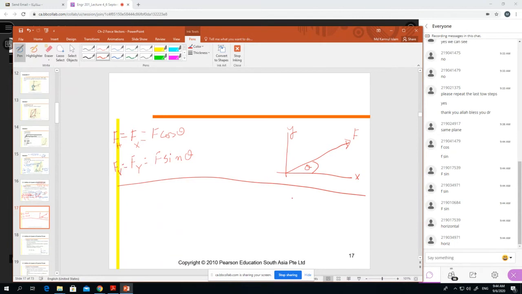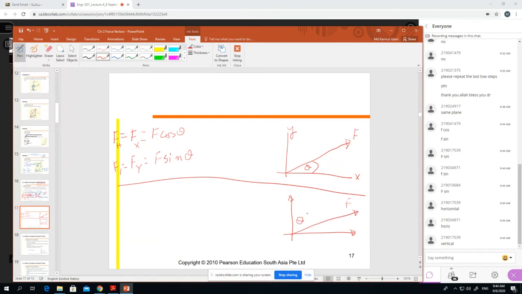Now I draw another picture. I draw another force, and you are going to answer me. Of course, this is F, and this is some angle here. Suppose I put the angle name alpha. This is alpha. This is the y-axis, this is the x-axis.